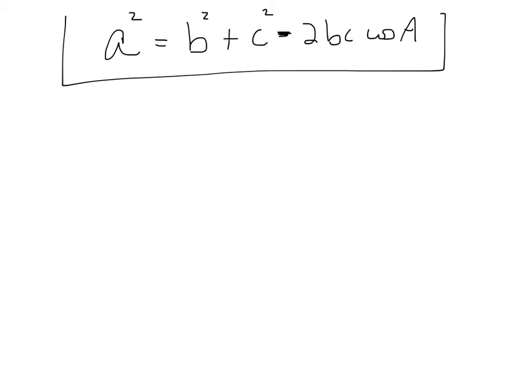Here's what you need to remember. Doesn't really matter how, again, the triangle is labeled. The key is this little piece here, this side, is opposite whatever angle is being used. So in the law of cosines, you're only going to know one angle.